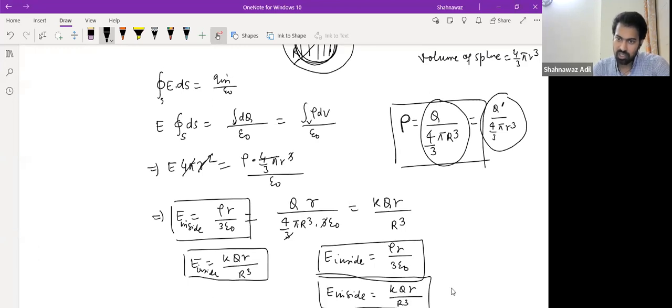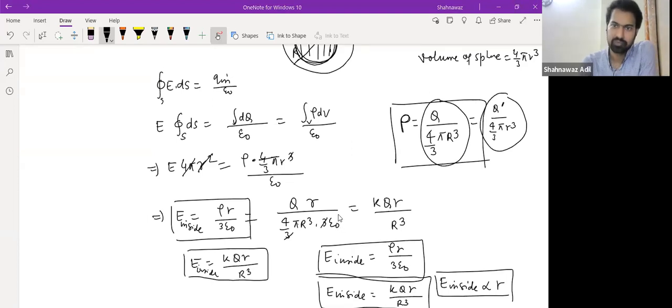So E inside is directly proportional to r. Is that part clear, guys? Is this part clear? Tarif, you are silent. Any doubt on this point? No, sir. Yeah, so please note it down.